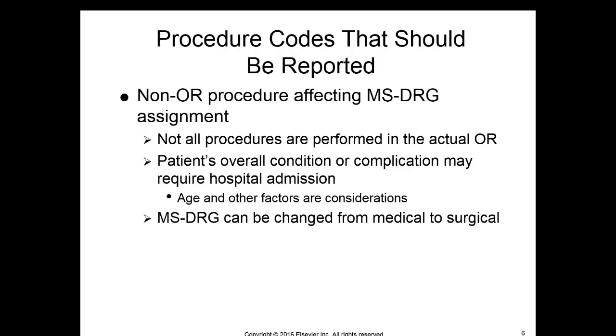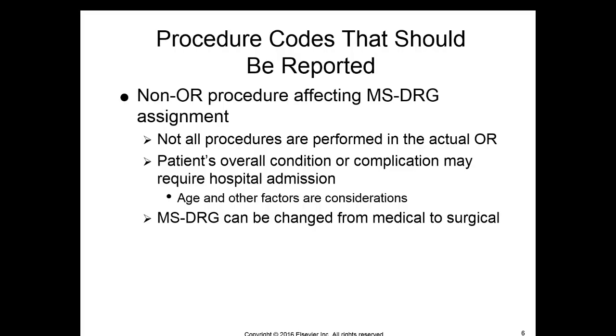Those are placed into patients who need long-term vascular access for different types of infusions, and examples are chemotherapy or drug administration, maybe antibiotic administration, or hemodialysis over a period of time. And sometimes these procedures will affect the DRG, sometimes they don't.